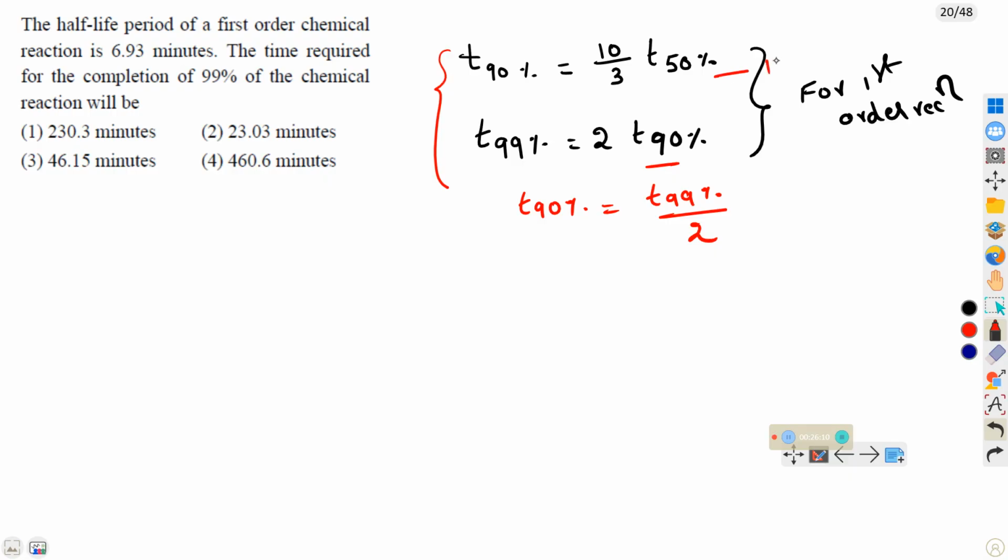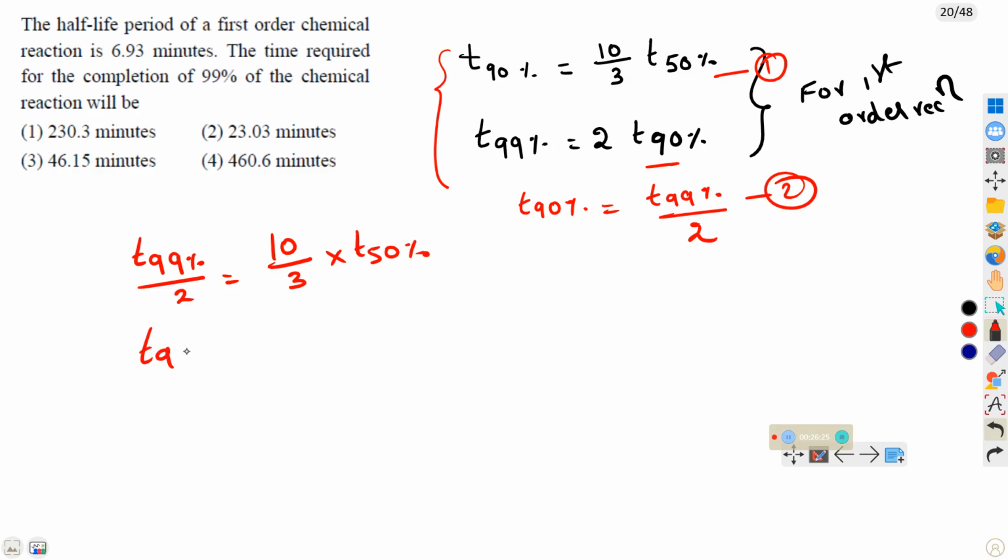This is equation 1. This is equation 2. From equation 1 and 2, T 99% by 2 is equal to 10 by 3 into T 50%. T 99% is equal to 20 by 3 into T 50%.